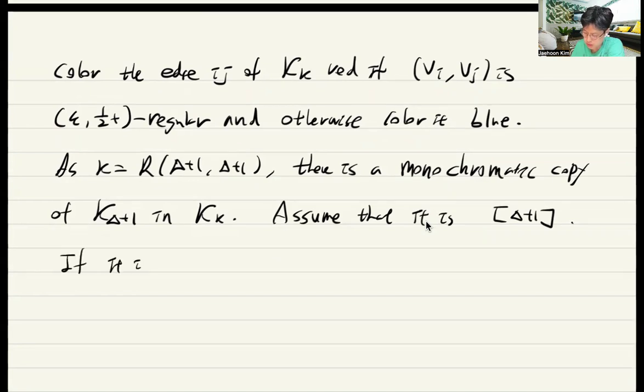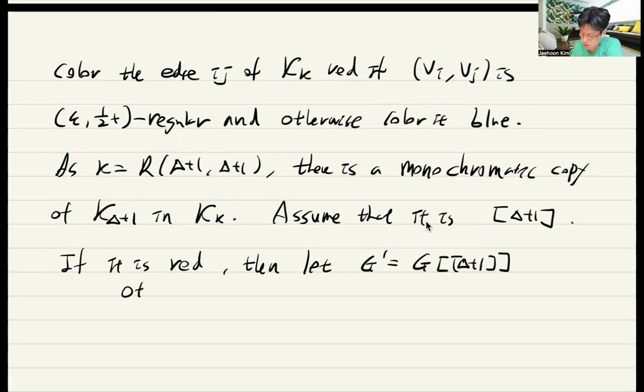If it is red monochromatic, then we let G prime be G on these delta plus 1 vertices. Otherwise, if it is blue, then let G prime be the complement on these delta plus 1 vertices.